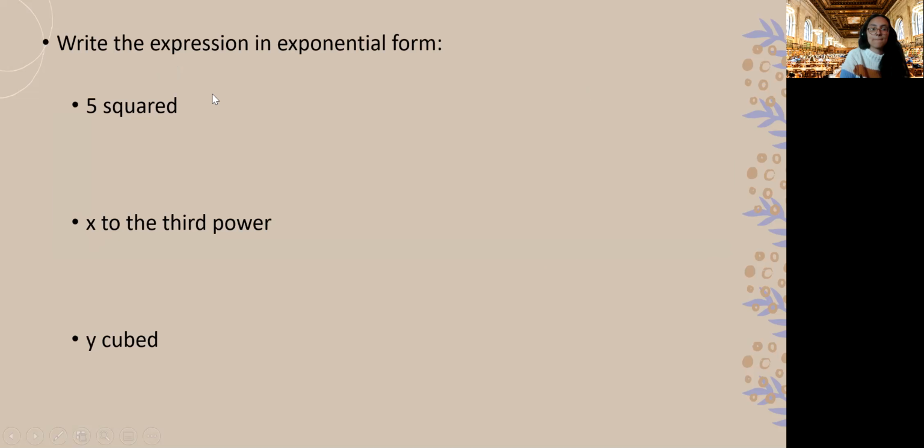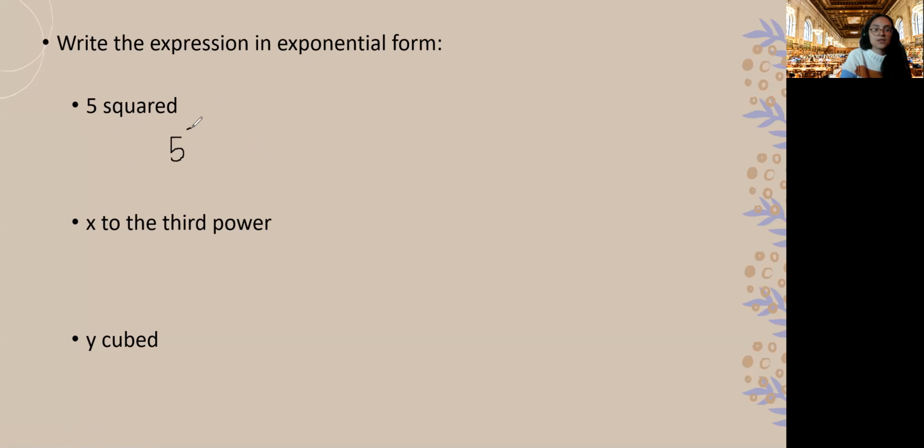So we're going to write the expression in exponential form. We're going to translate this from words into mathematical notation. So we have 5 squared. We're going to write 5 as our base, and squared means 2.